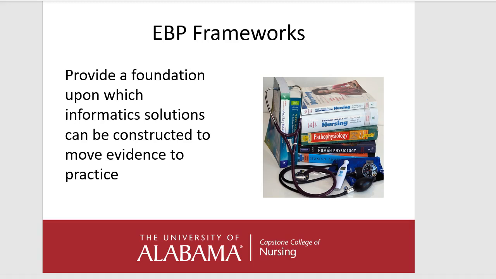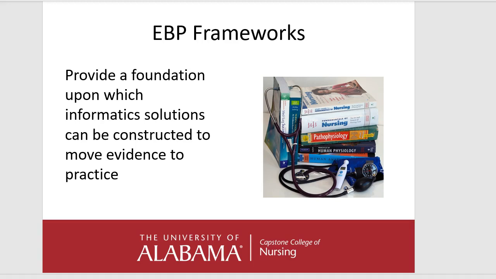We can certainly say that we are in a time when we have information coming at us from all kinds of different places, all kinds of different sources. And so we always have to consider where those sources are from. Are they authoritative? Are they relevant? Are they timely? There are a lot of questions we have to ask the evidence in and of itself before we begin to consider applying it. And then there are lots of pieces to the process that we must move through to actually begin to apply research.